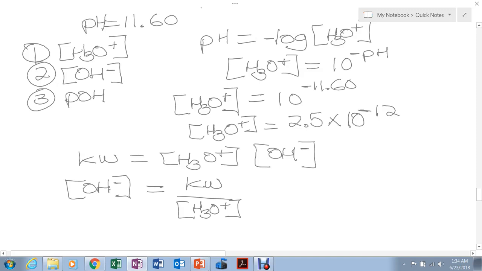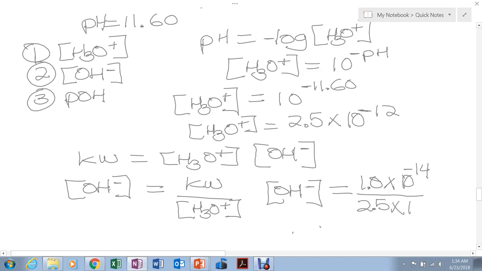So the concentration of hydroxide now is going to be equal to 1.0 times 10 to the negative 14 divided by the concentration of hydronium, 2.5 by 10 to the negative 12.